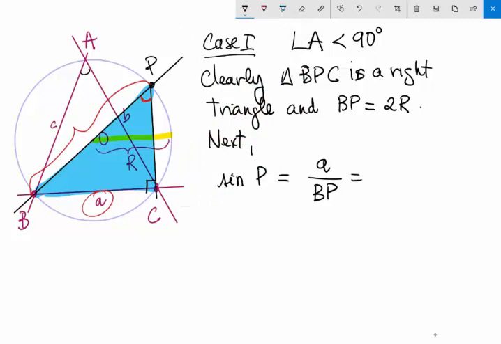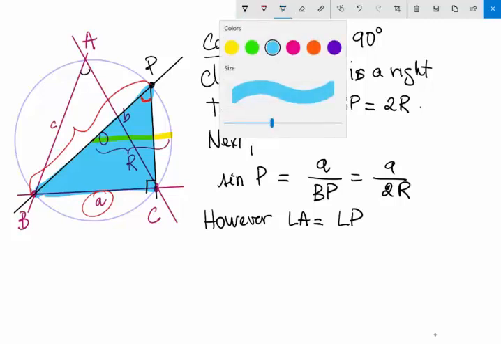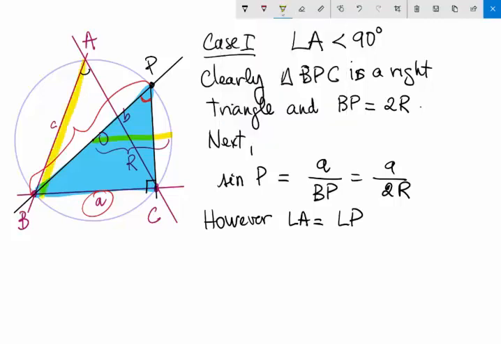So we should get a over 2R. However, angle A is equal to angle at P. Let's see, what is angle at A? It's this angle here.